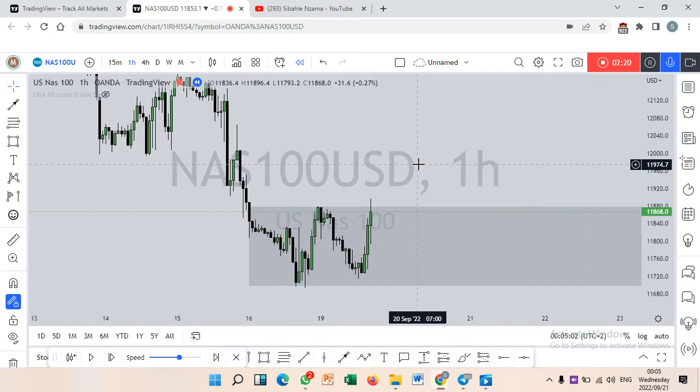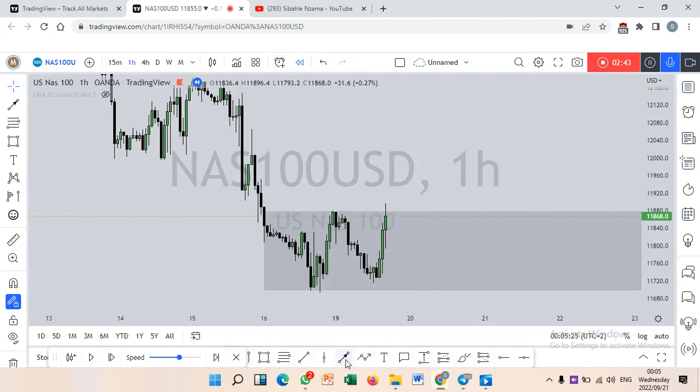So what happens? Let me explain what exactly a consolidation or range is. The market structure is based on order flow imbalances or balances within the market. There's an order flow imbalance, then there's an order flow balance.